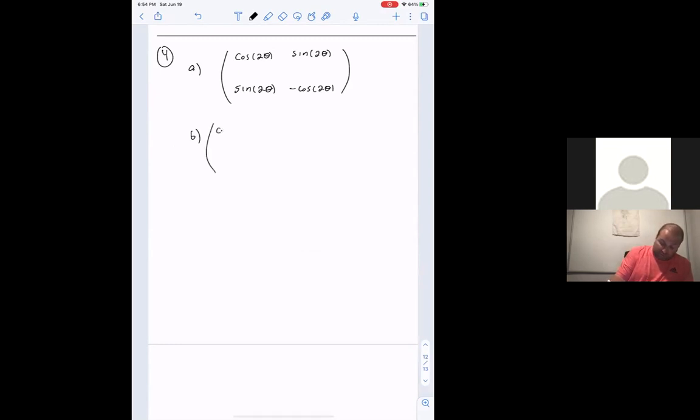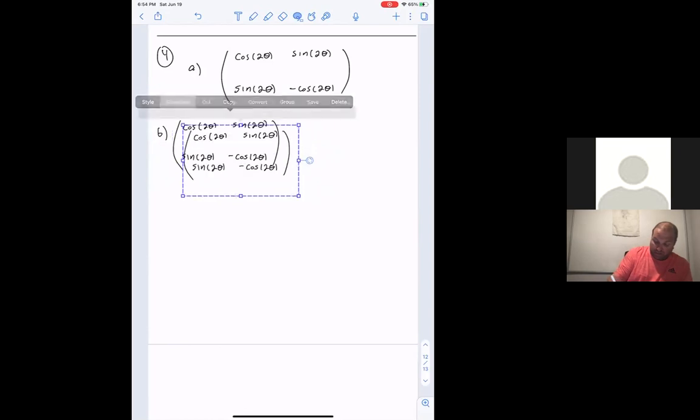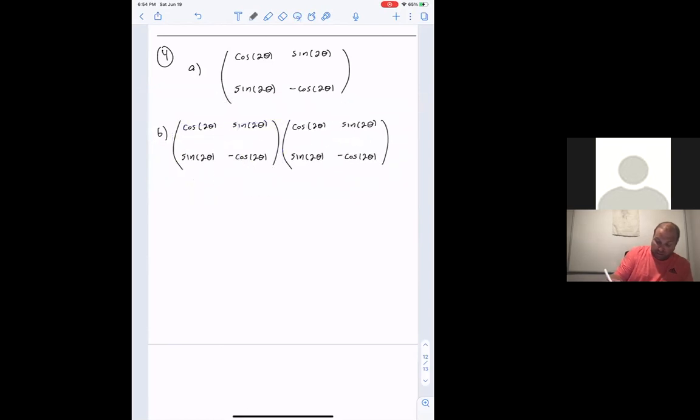B, verify that a reflection followed by a second reflection in the same line is equivalent to the identity matrix. Ooh, so if I do that matrix, and then I do the same matrix again, I should get the identity. If I reflect across a line and then reflect back across the same line, I should be back to where I started.